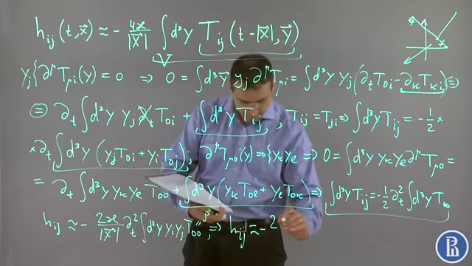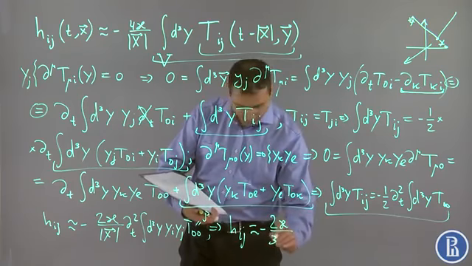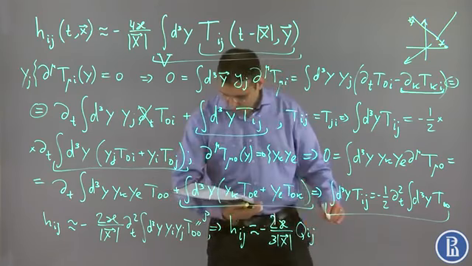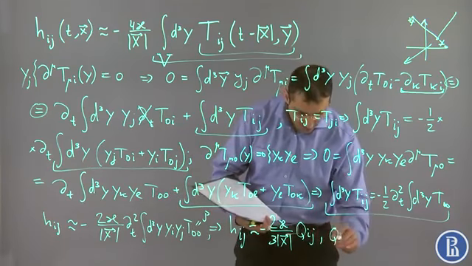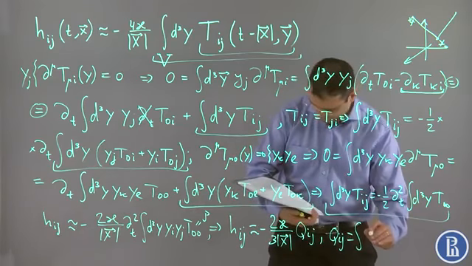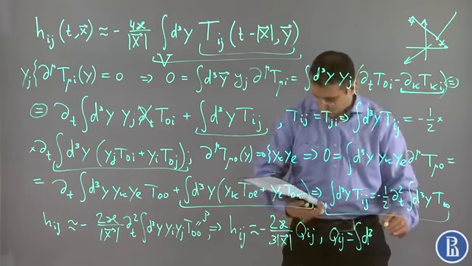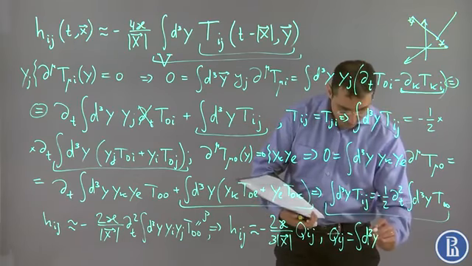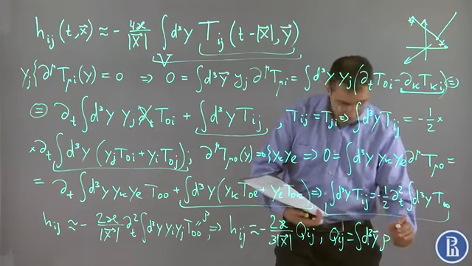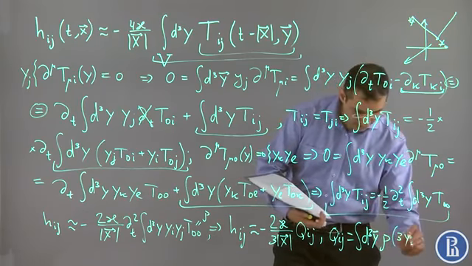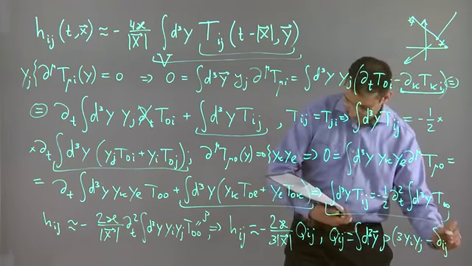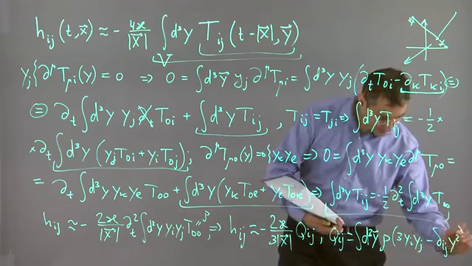2 kappa over 3 modulus of x times Qij, where Qij is the quadrupole mass moment, because it is equal to the following quantity, d3y times rho times (3 yi yj minus delta ij y squared).